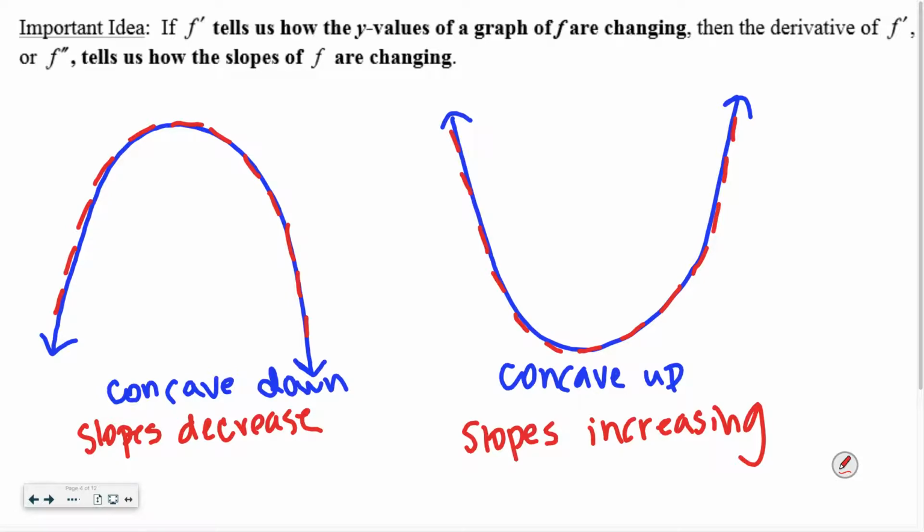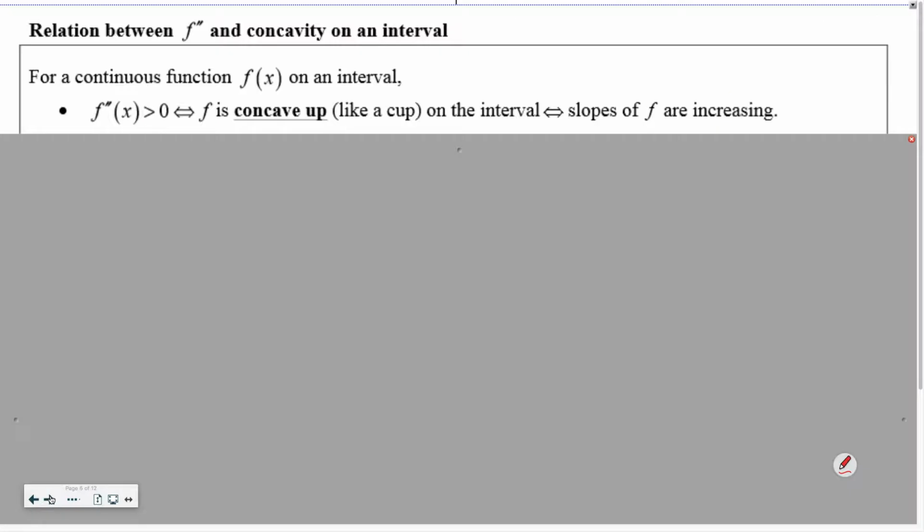Do you remember when we talked about increasing and decreasing intervals, we looked for where the derivative was positive versus negative. Well, now I'm concerned about where our slopes decrease and increase. So in order to determine concavity, we're going to look at the second derivative.